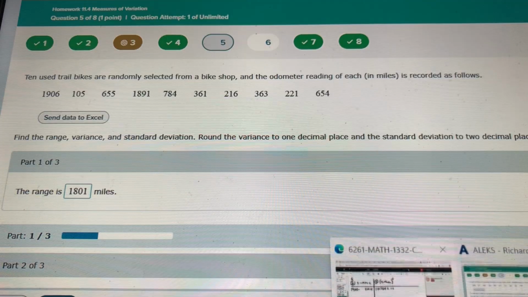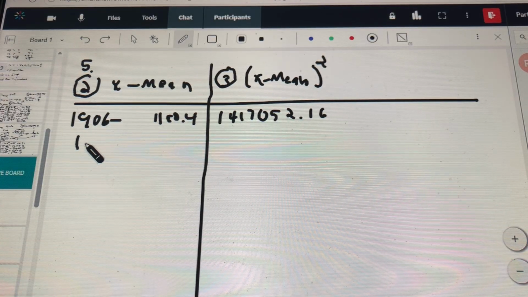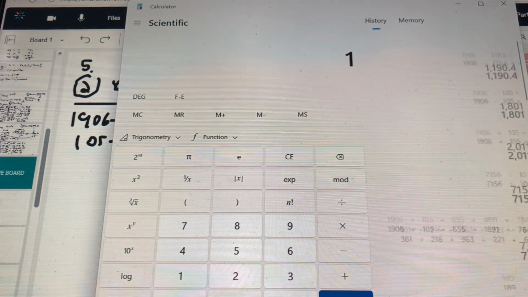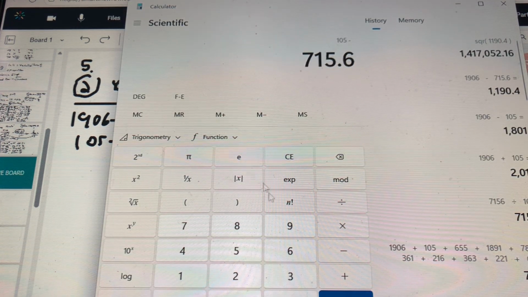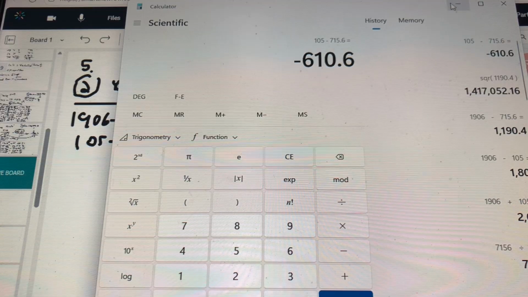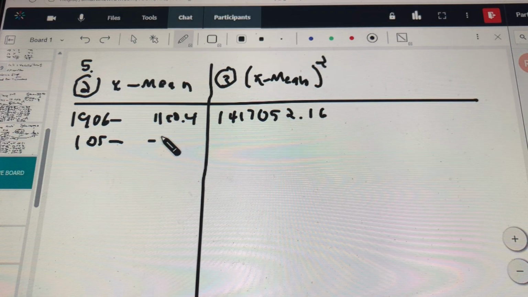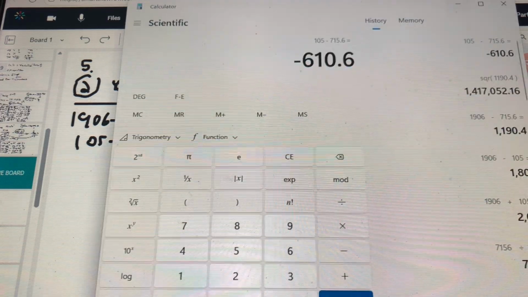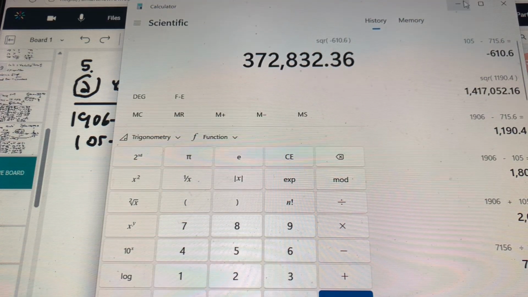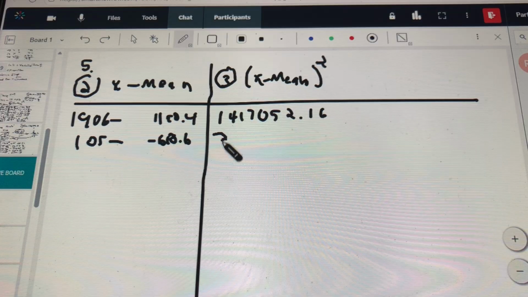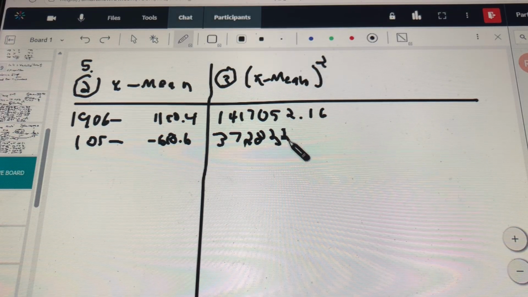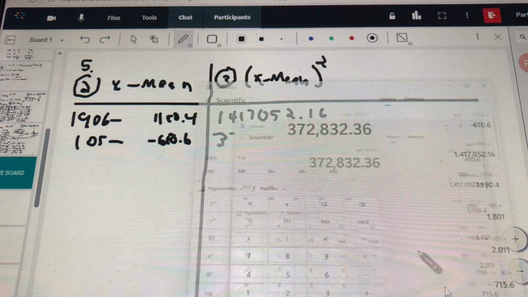The next number is 105. 105 minus memory recall is negative 610.6. Square it. 372832.36.